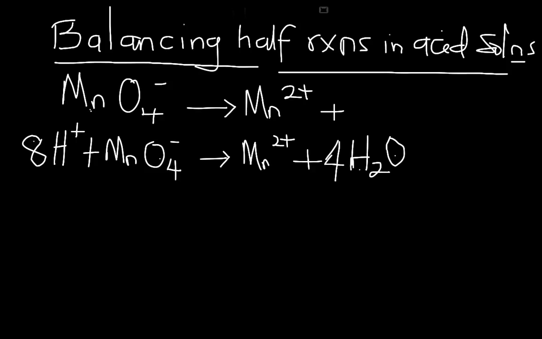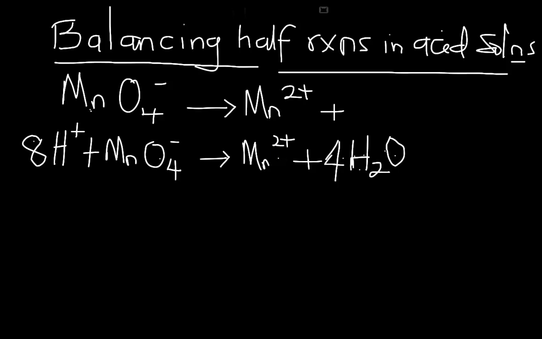The next step in balancing this is to balance the charge. We have to balance the net charge. If you look at this part, this has a net charge of 0, this has a net charge of 0, but we have 2 plus here.